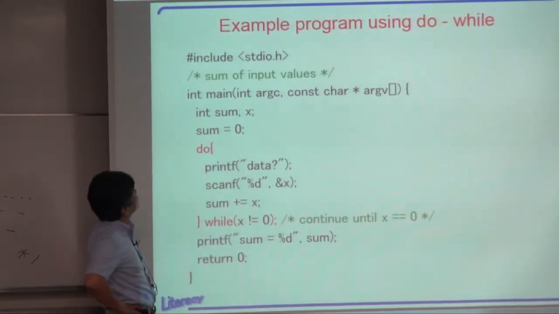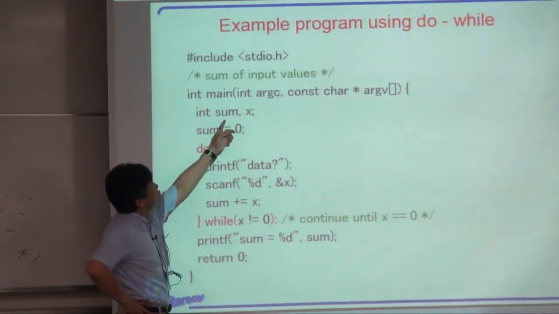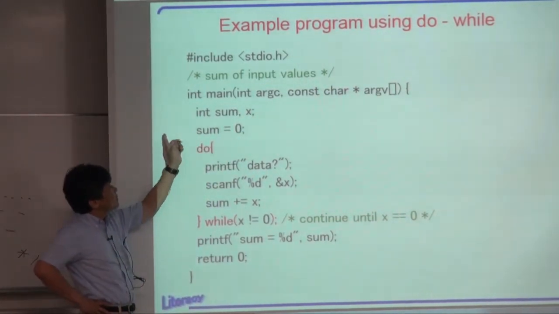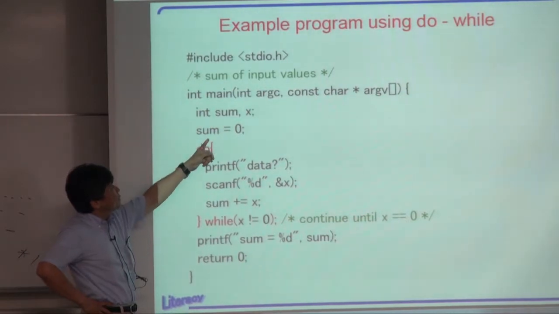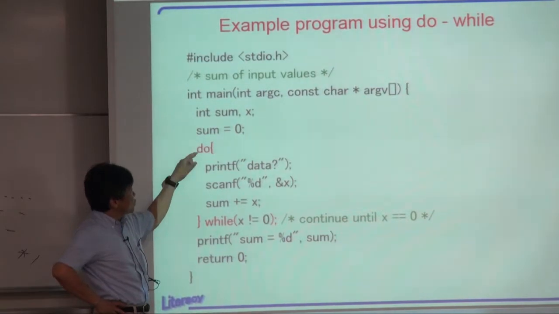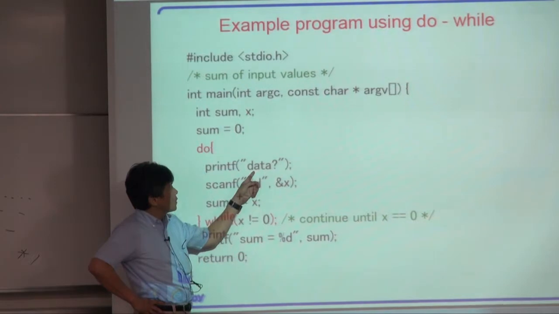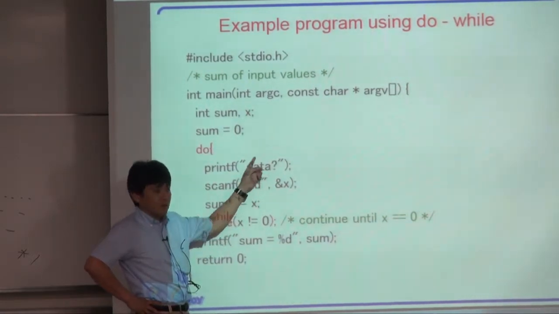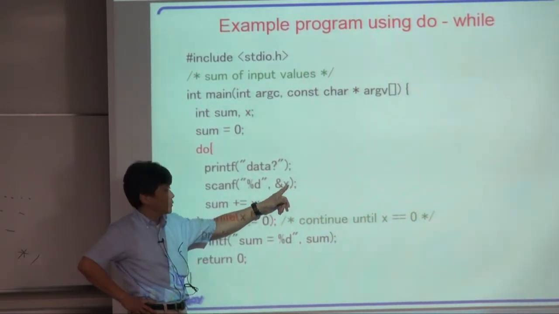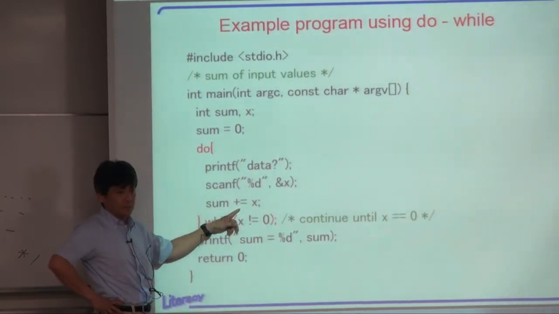As in the previous program, you define the two variables sum and x as integer type, and the sum initial value is 0. Using this block, the program outputs a data string, and you can enter any value for variable x. After that, the total value will be calculated.